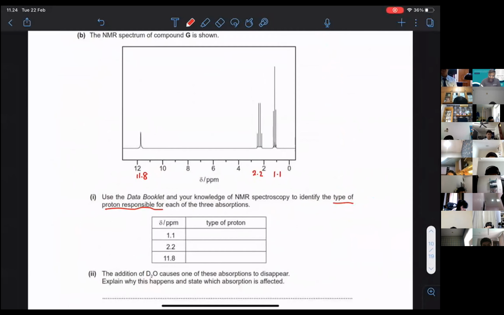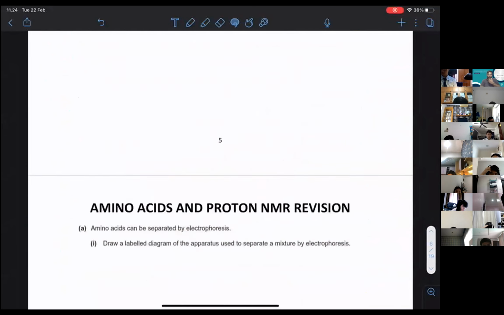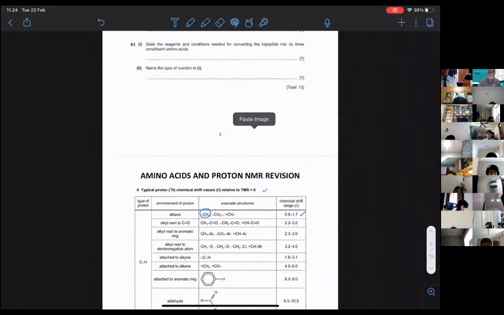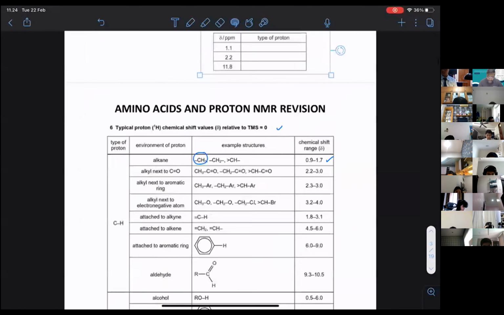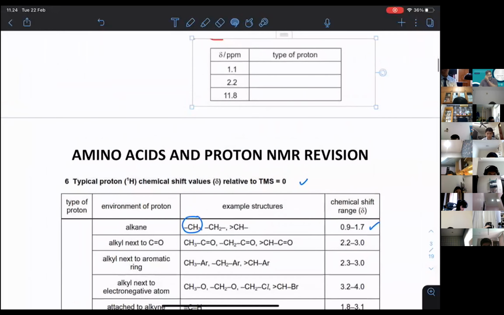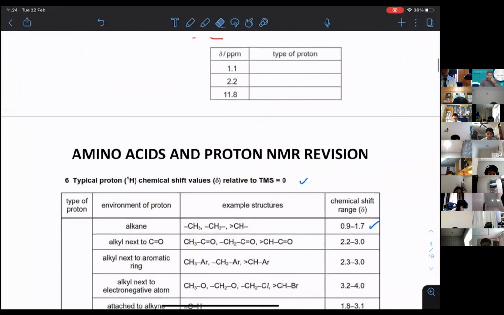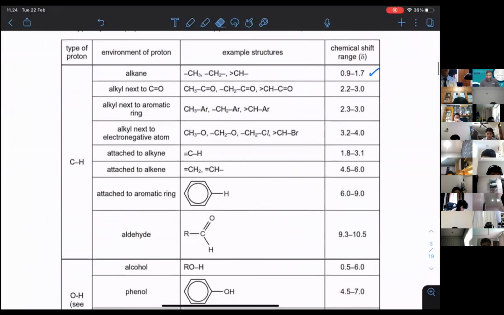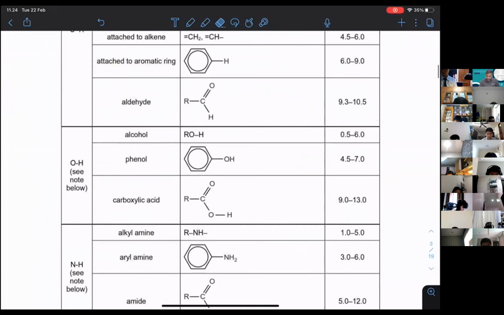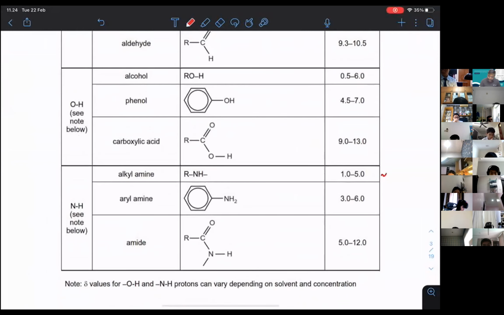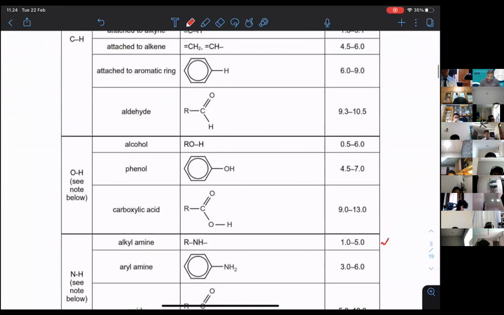Let's bring this directly there. Let's look at the type of proton. We are looking at 1.1. Let's look at the ones that come under 1.1. Most likely here, this one, and then 1.1.